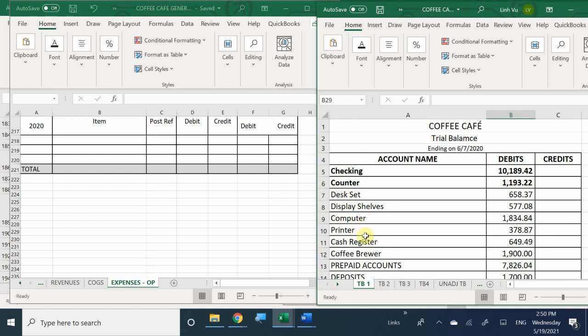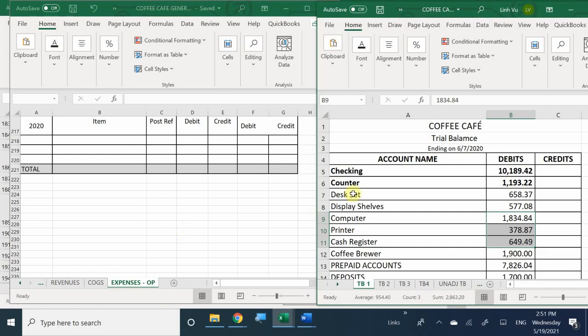So now that you're seeing the idea of computing the first trial balance versus the second, you can fill this out even more quickly. For the next trial balance, I'll show you that second shortcut, but there's an even better shortcut when we dive into the fourth week.